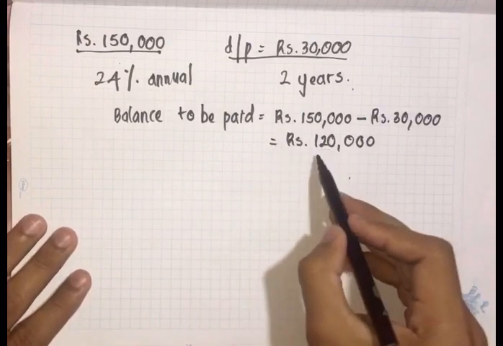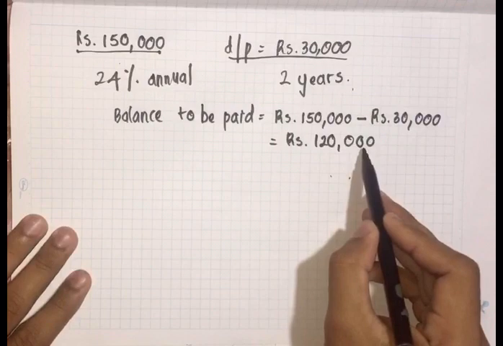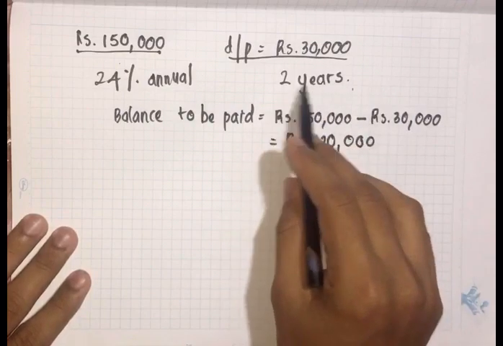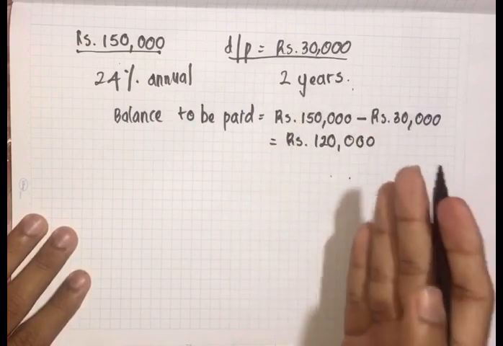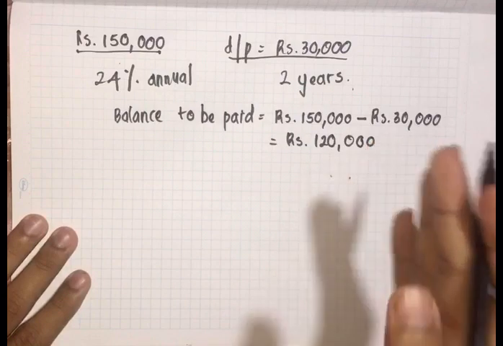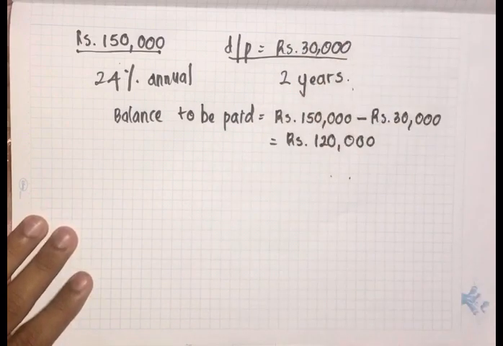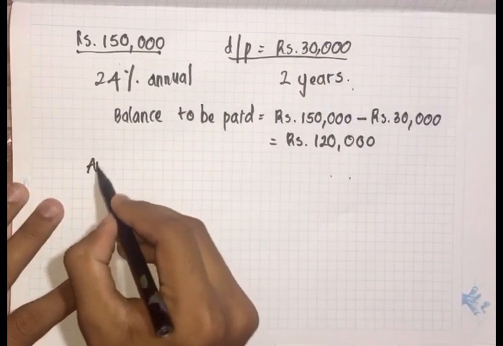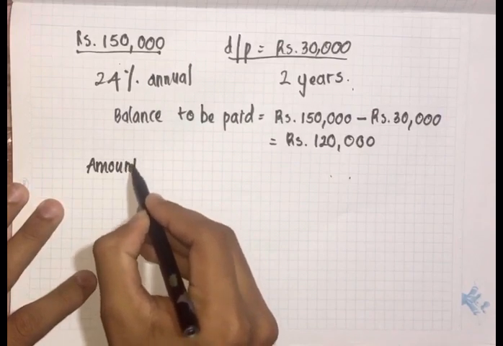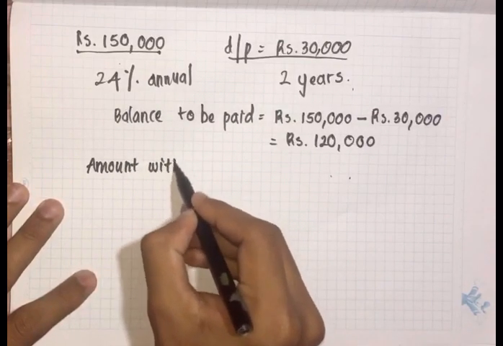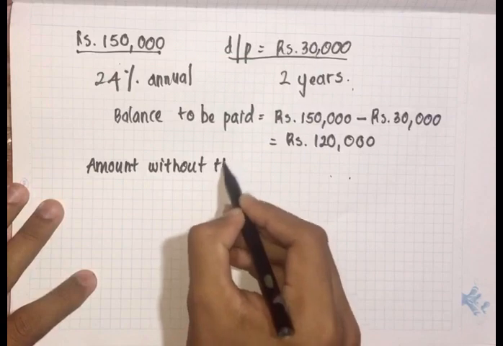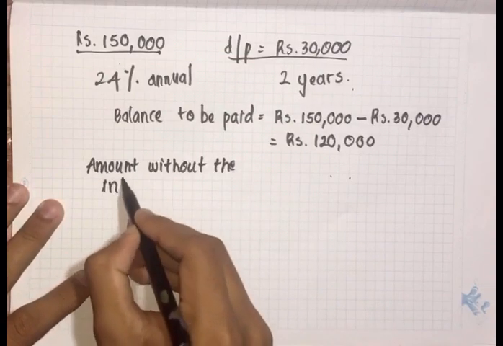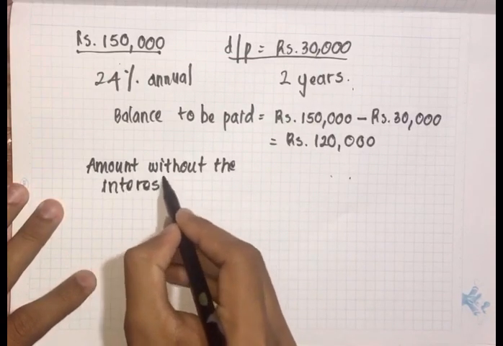Now since we are going to deal with months, you have to find, out of this 120,000 for 2 years, the amount you should pay per month without the interest. That looks easy, right?